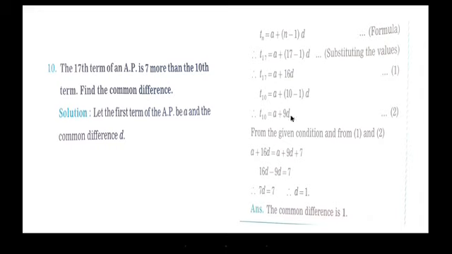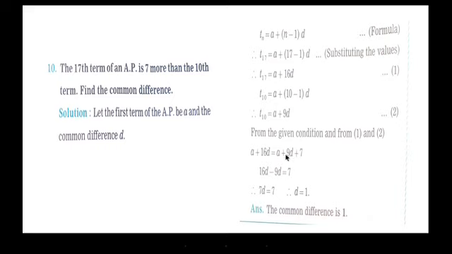Okay. So now again here we have two equations. Okay, but the condition given to us is the 17th term is 7 more than the 10th term. So here the 17th term is A plus 16D, that is equal to 7 more than the 10th term. That means A plus 9D plus 7. So we have A plus 16D is equal to A plus 9D plus 7.